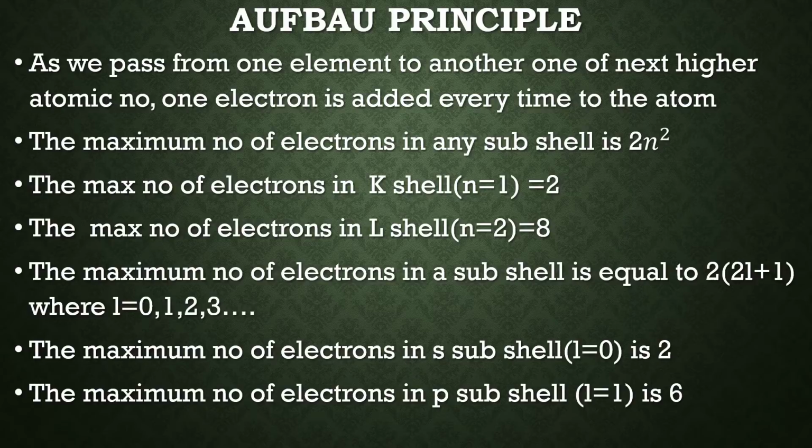Children, can you tell me the maximum number of electrons in p subshell? That is 6. The total number of electrons in d subshell is 10. The maximum occupancy of f subshell is 14.